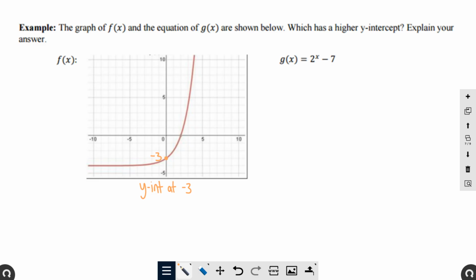With the function, we have to figure out the y-intercept. Now, you could look at a table, you could look at a graph, but how could you find it just by looking at the equation? Well, what do we know about the equation? It's going to go down 7. This tells us it moves down 7.